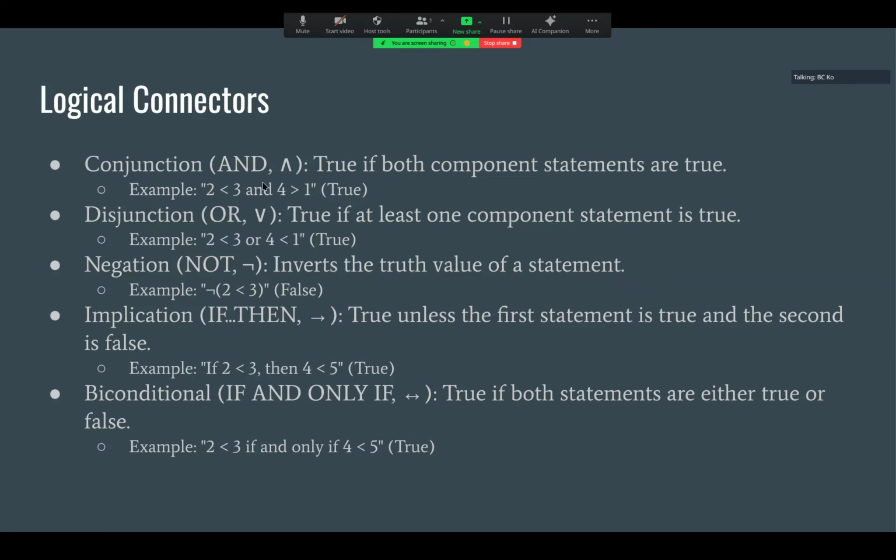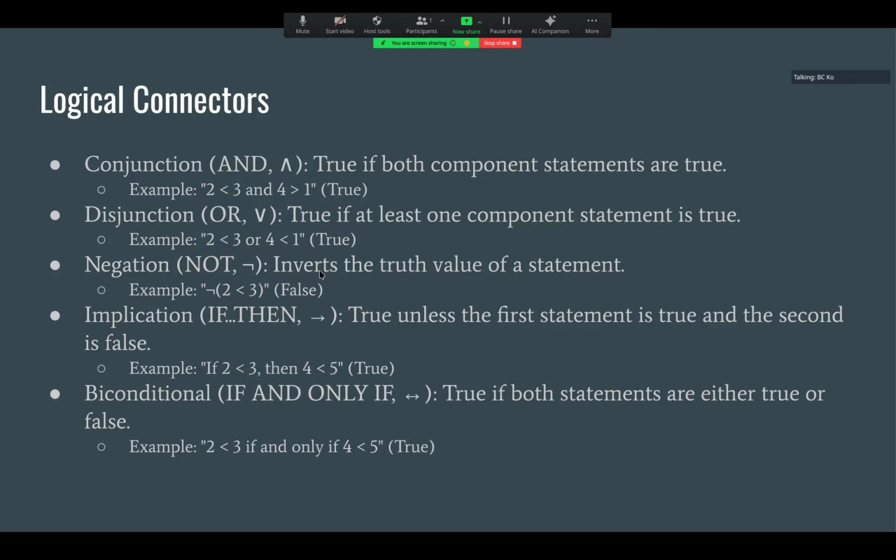Disjunction is a compound statement using or, and it's true if at least one of the component statements is true. For example, 2 is less than 3 or 4 is less than 1 is true because 2 is less than 3 is true, even though 4 is less than 1 is false.